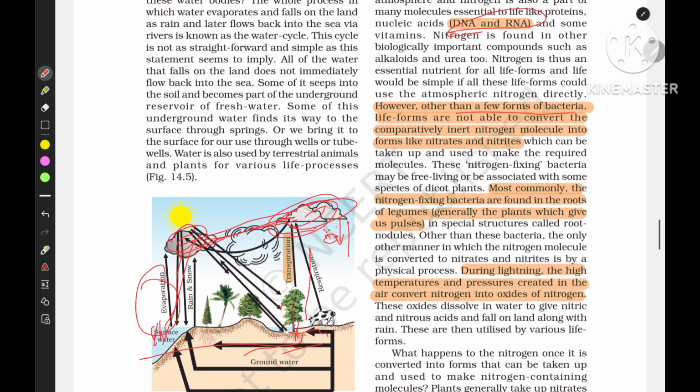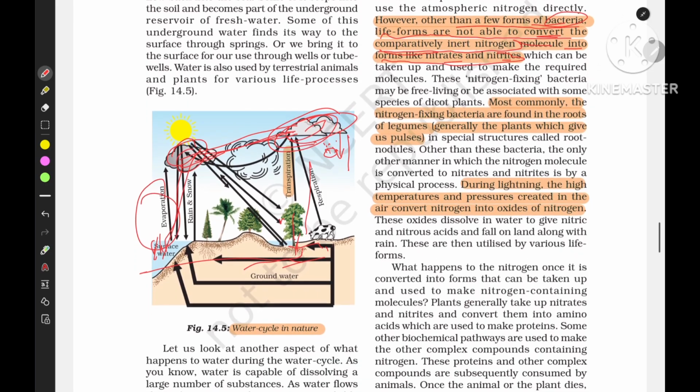However, other than a few forms of bacteria, life forms are not able to convert the comparatively inert nitrogen molecules into forms like nitrates and nitrites. Only bacteria have evolved in a way that they can convert nitrogen into nitrates, nitrites, and other forms; other life forms cannot.